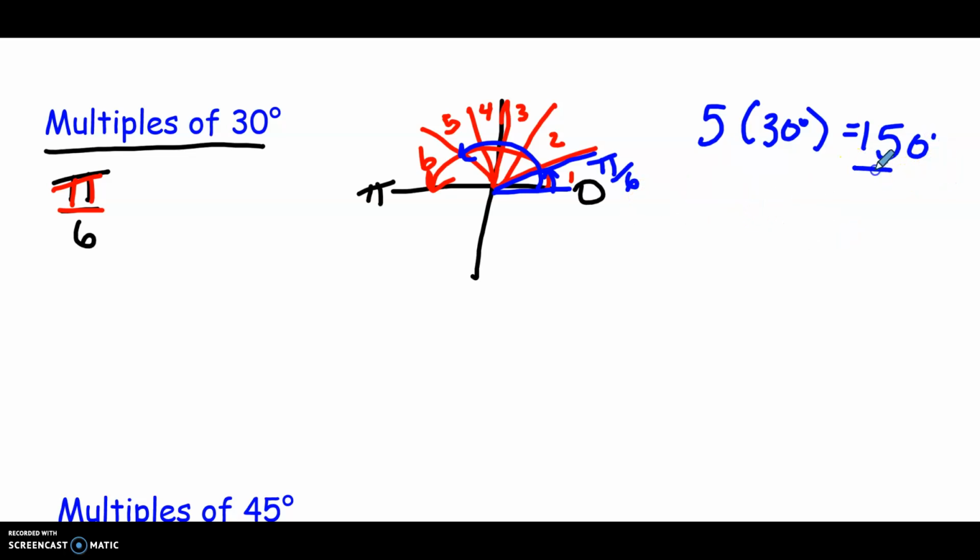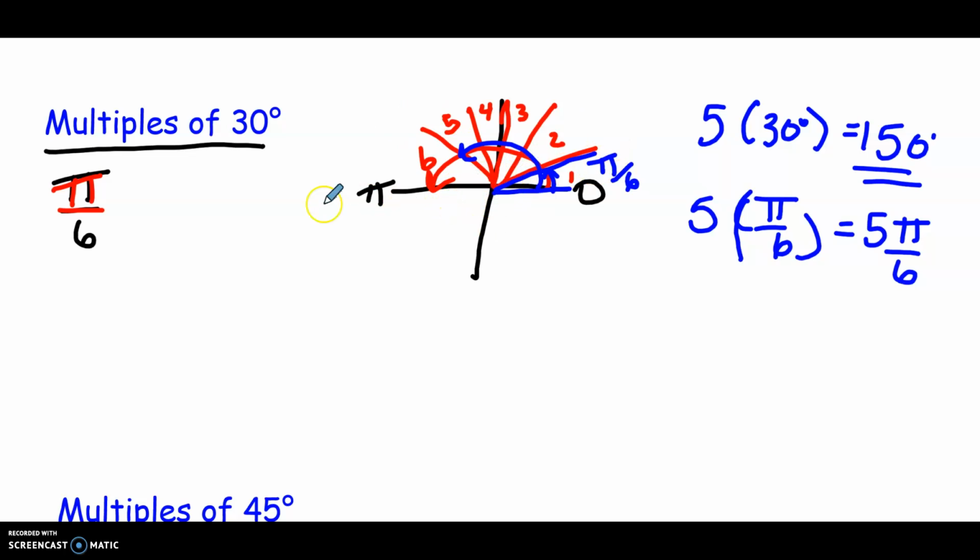Well, guess what? 150 degrees is 5 pi over 6. So if I did the whole conversion method, you would see it's 5 pi over 6. Why am I showing you this? Because you should be able to visualize what pi over 6 is and how to graph it.